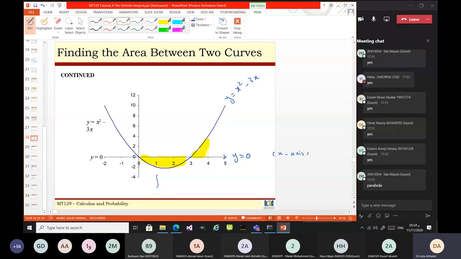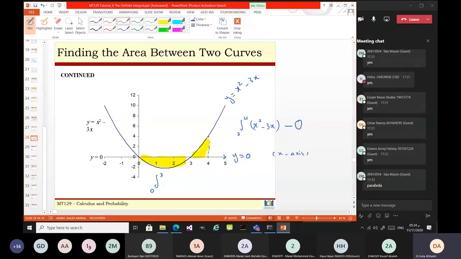The integration has two parts, one from 0 to 3 and the other from 3 to 4, because they said they want the integration from 0 to 4. We have to cut it from 0 to 3 and then from 3 to 4. From 3 to 4 the parabola is above, so it is x squared minus 3x and the 0 axis is down, so minus the 0.